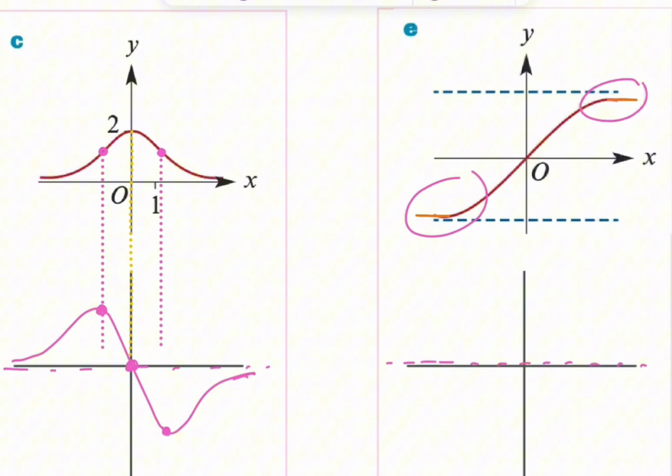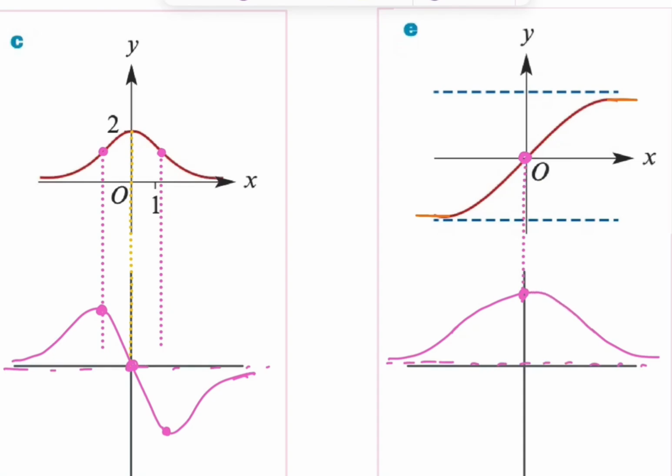It's positive there, so it'll be like that and like that. And I would say this point here has a maximum gradient. So you've got your steepest point there. Let's just pop that there. Oh, not the best curve, but you get the idea.